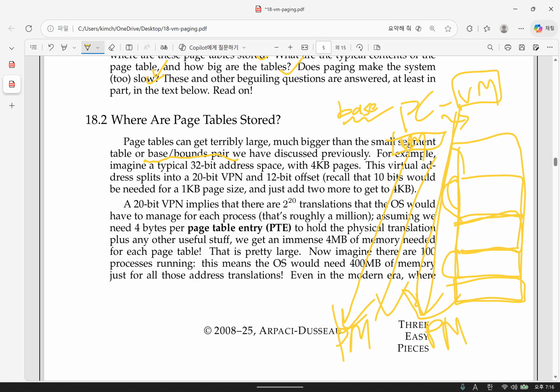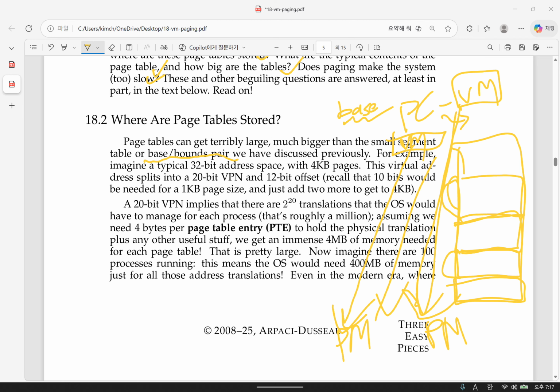The gap would not have frames allocated for it because it is not in use, right? Indeed, we're going to learn more about that later on.